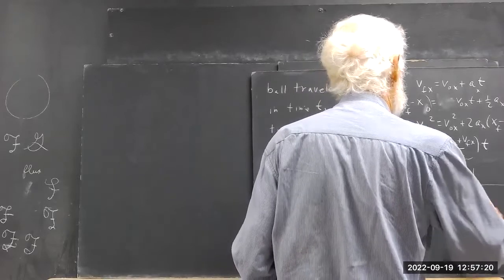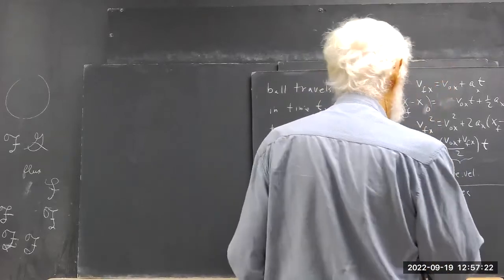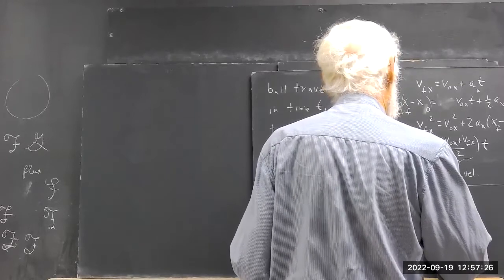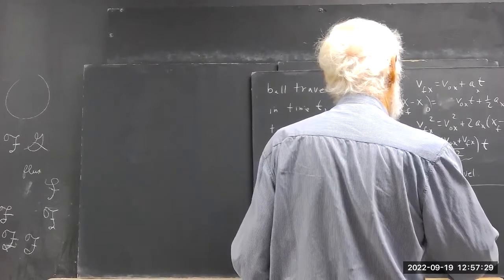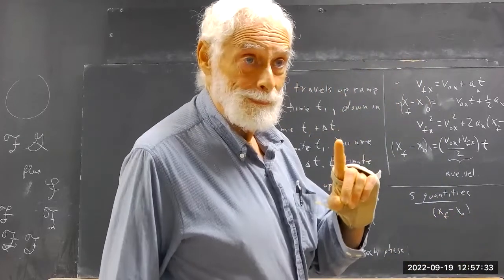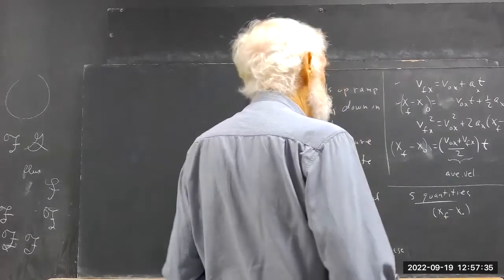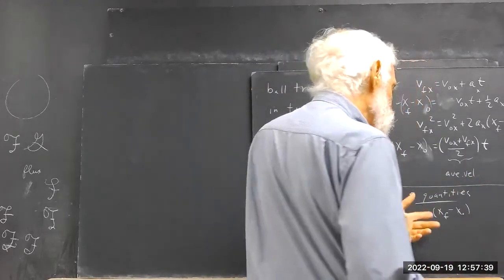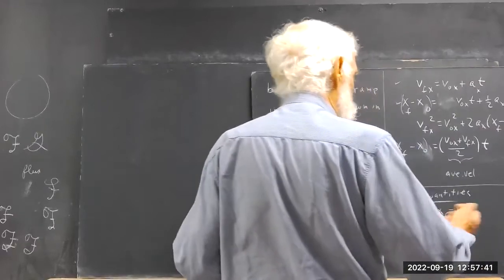I'm going to say we've got five quantities here. We've got xf minus x naught. I regard that as one quantity. The scheme doesn't work if I don't. And really often x naught is going to be zero anyway.